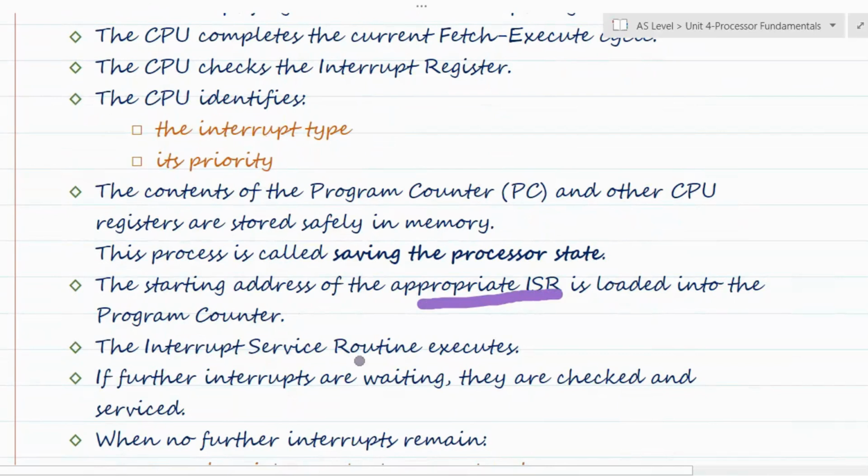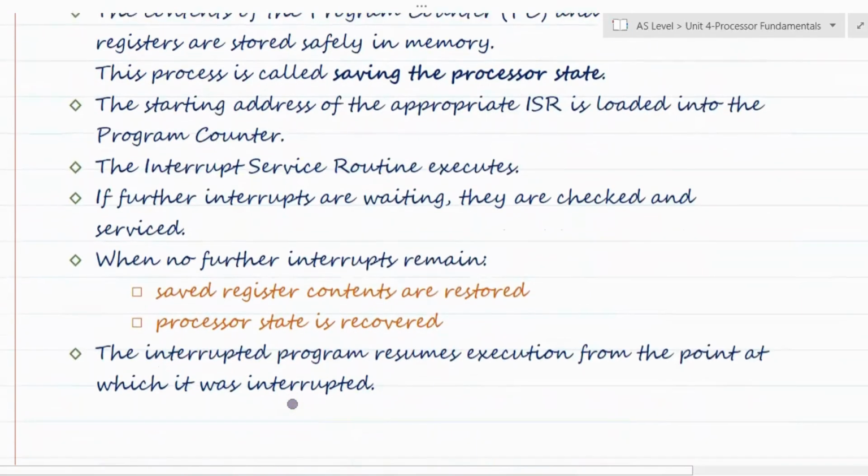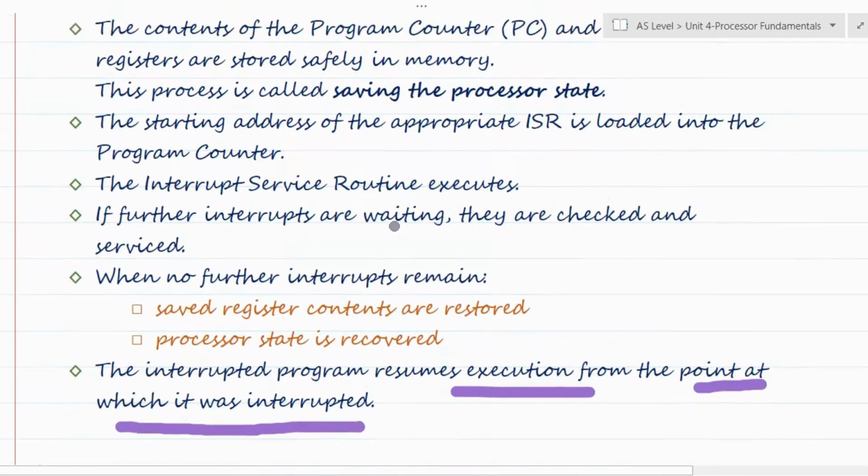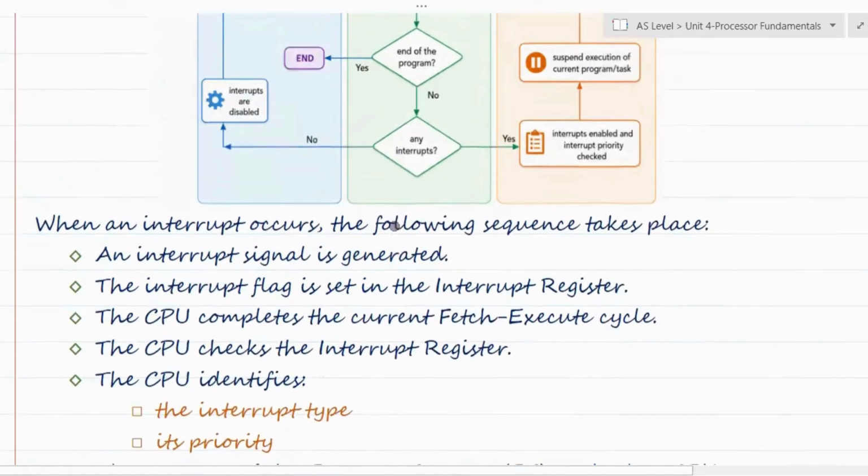The interrupt service routine executes. If further interrupts are waiting, they are checked and serviced. When no further interrupts remain, the saved register contents are restored. The interrupted program resumes execution from the point at which it was interrupted. So that's the complete cycle.